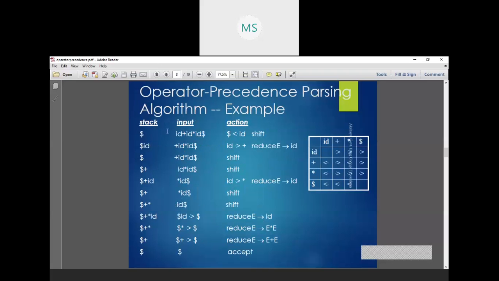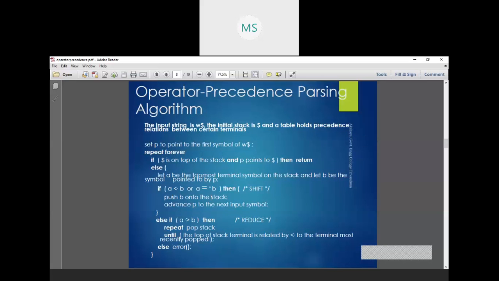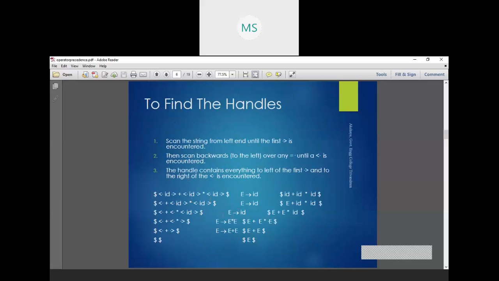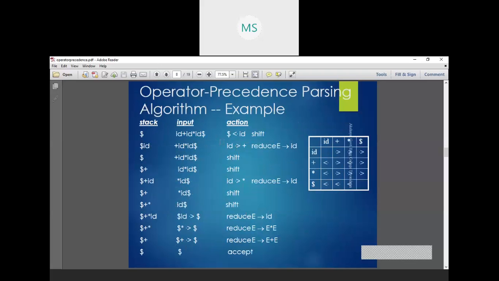I am showing operator precedence parsing with stack, input and action. You can write in this format or follow this format, whichever you are comfortable with. I have to show shift reduce parsing using the operator precedence table, line by line with respect to the operators.